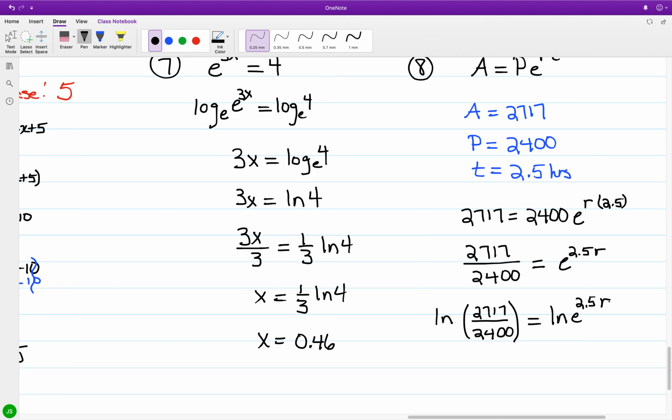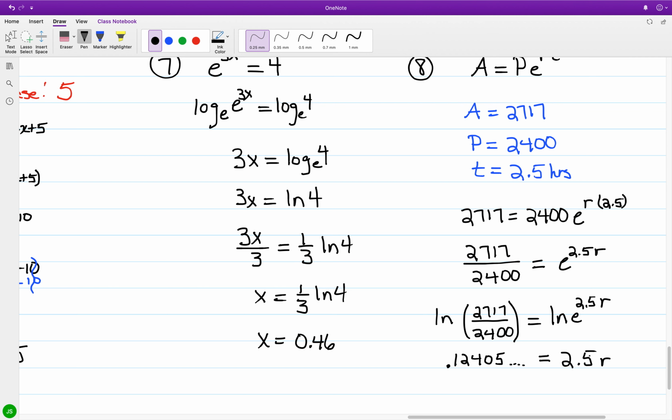So for the natural logarithm of 2717 over 2400, now I'm not rounding, but just among the first digits on display, 0.12405, is equal to 2.5r.